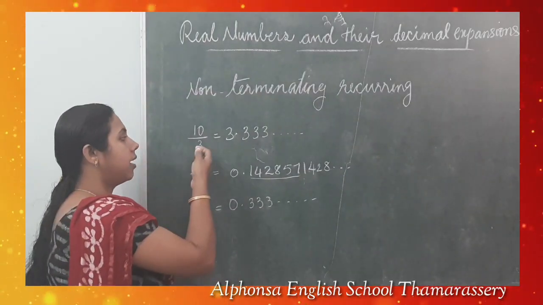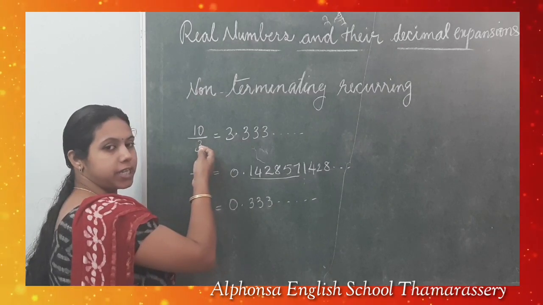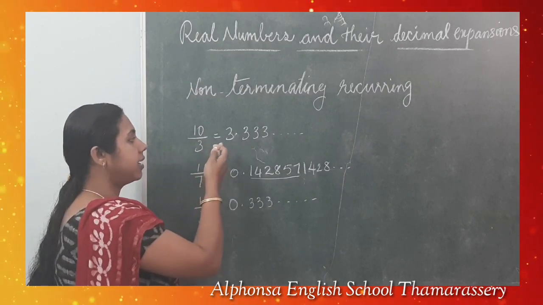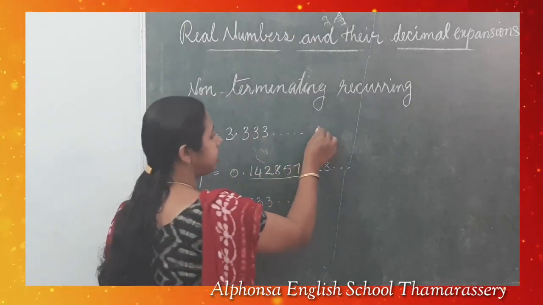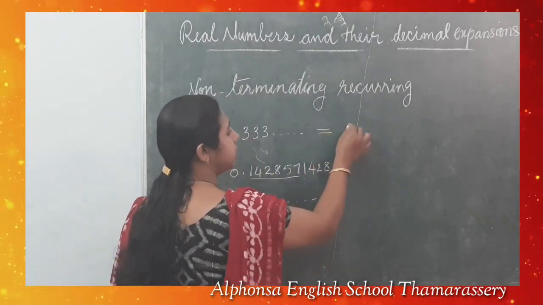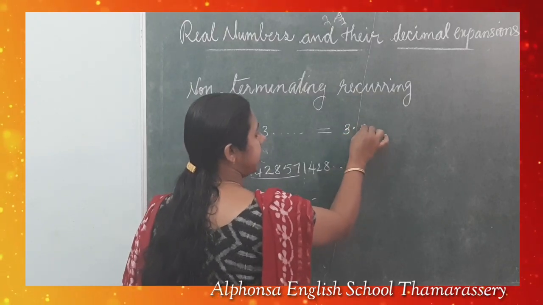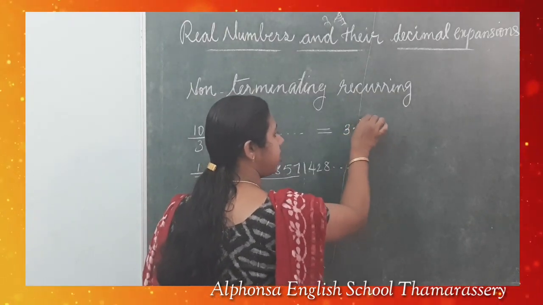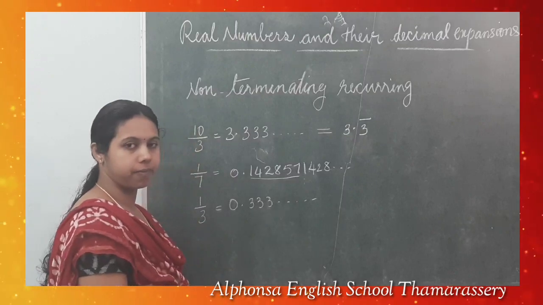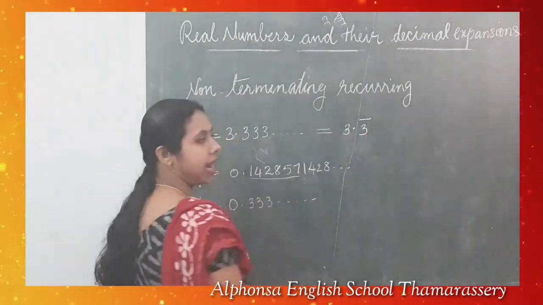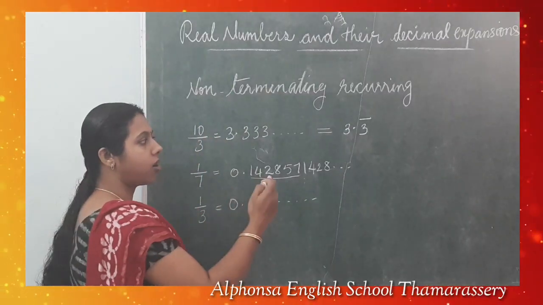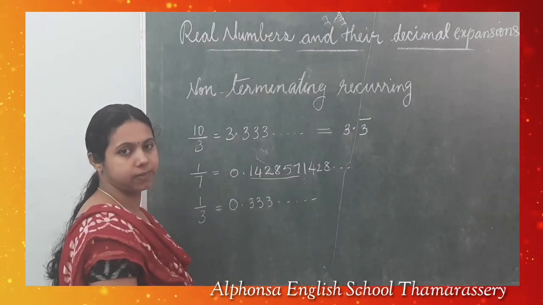And thus, in the decimal expansion of 10 by 3, the number 3 is repeating. So you can write it as 3.3 bar. The bar above the digits indicates the block of digits that repeats.